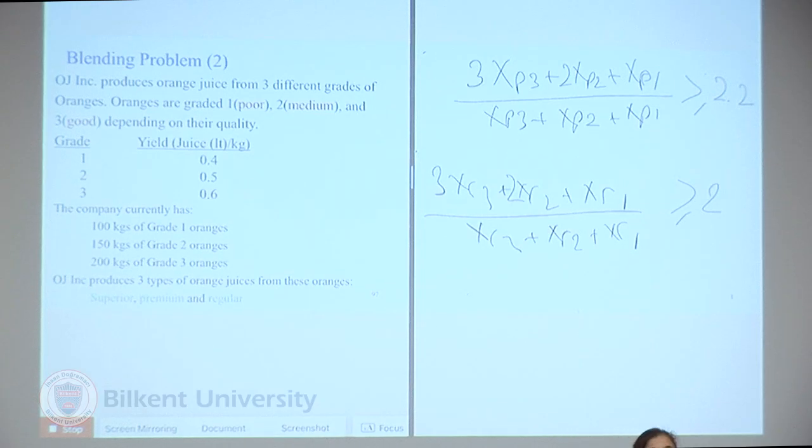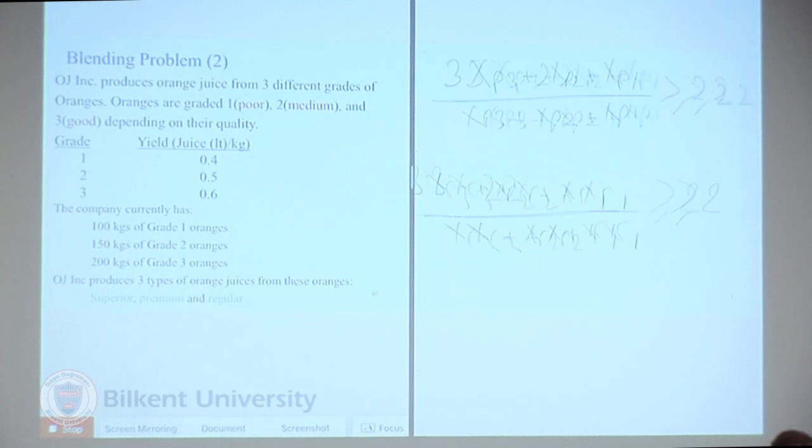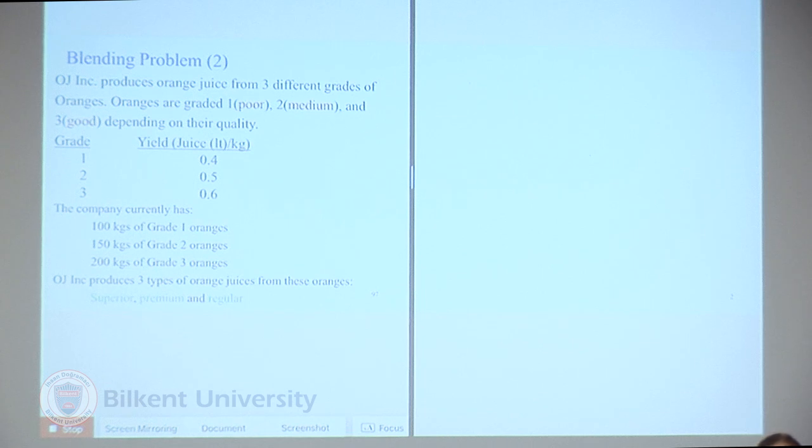There's only 100 kilos of grade 1 oranges. I have one more board. Tell me the constraint. Grade 1: XS1 plus XR1 plus what is the other? P1. Less than or equal to 100.